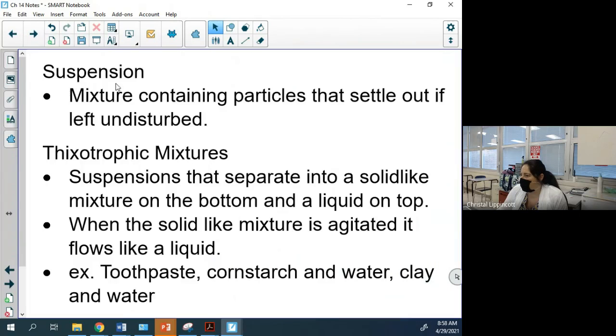So there are different types of mixtures. One kind is a suspension, and this is where particles are going to settle out over time.